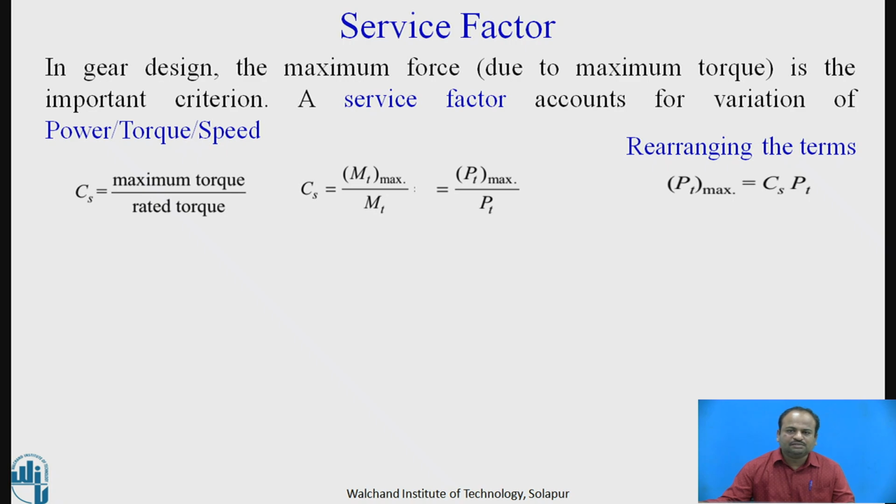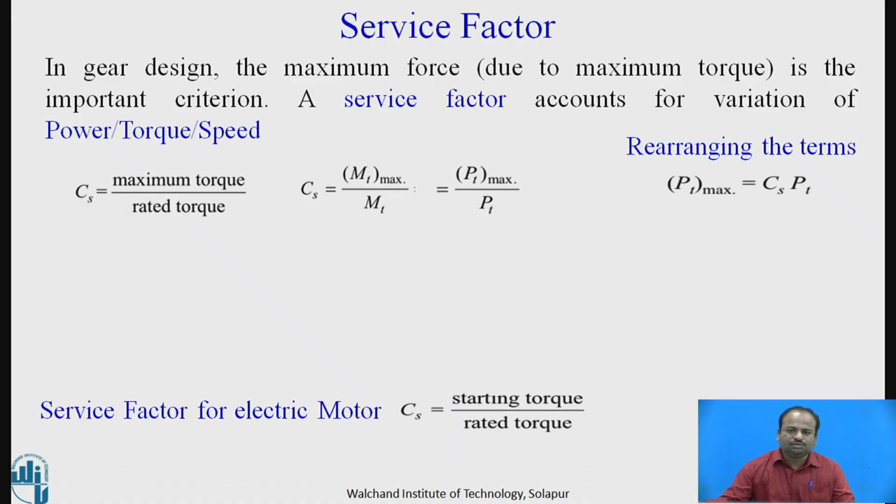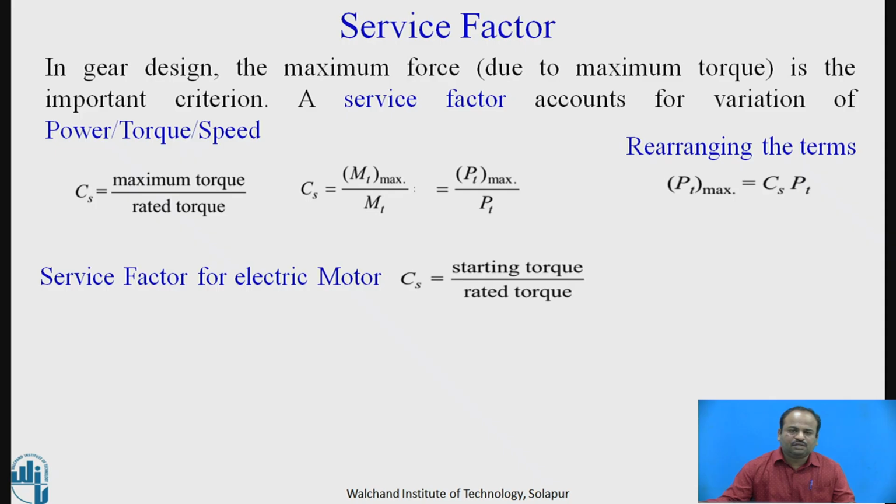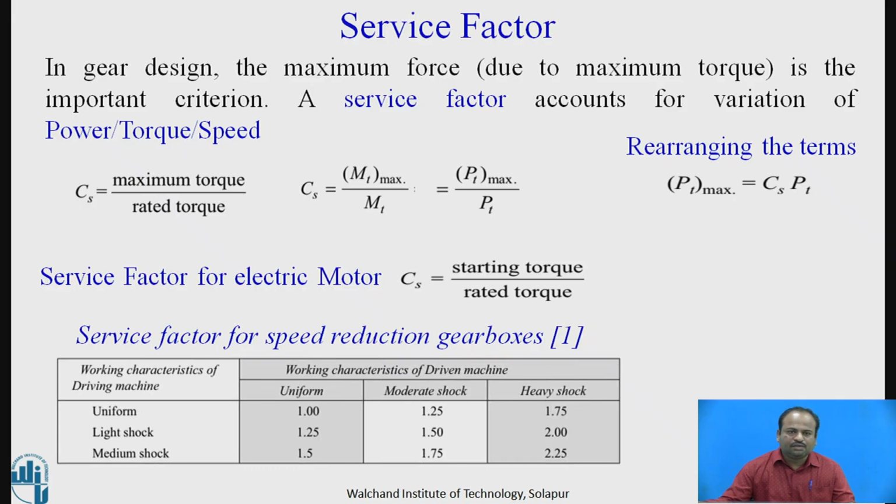So PT max is nothing but the maximum tangential force that is required for the gear to transmit the motion. The service factor for an electric motor is CS equal to starting torque upon the rated torque. The service factors for speed reduction gearboxes are shown in the table that we can see.